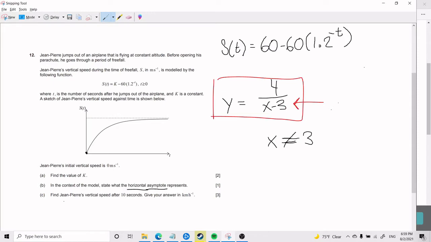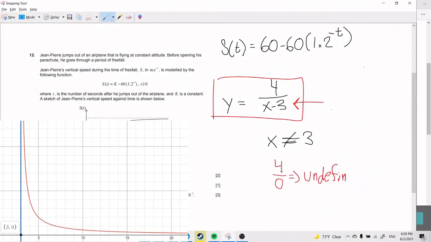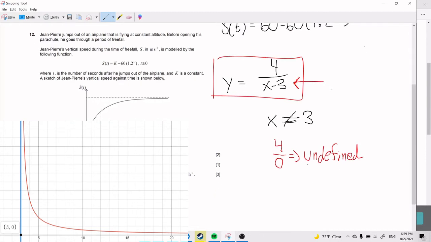And so, if the denominator of a fraction is ever 0, it is undefined, right? Because 4 over 0 is undefined. So that is the number that this function will never ever reach. x will never be 3 because then the whole thing is undefined.